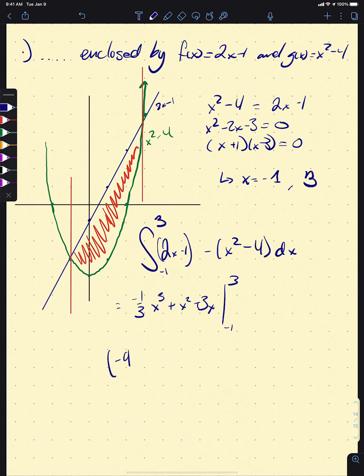Sorry, this should be a plus. 3 squared is going to be 9, and 3 times 3 is going to be 9. And then we're going to subtract off -1/3 times -1 cubed, or 1/3, -1 squared, or 1, and then a -3. And this is going to come out to 32/3.